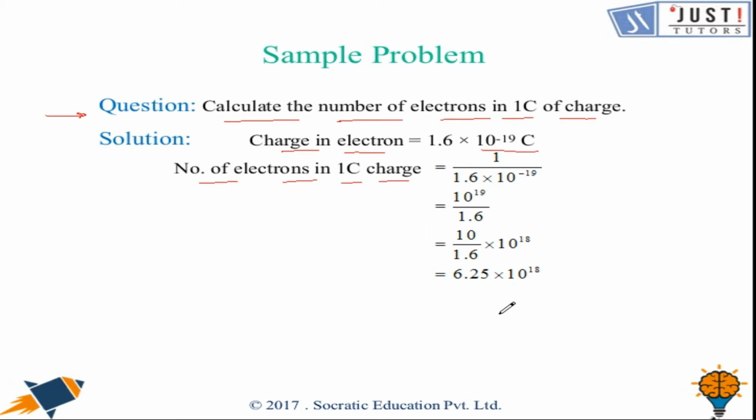After doing all the calculation, we get the number of electrons in one coulomb equal to 6.25 into 10 to the power 18. Thus 6.25 into 10 to the power 18 electrons taken together make 1 coulomb of charge. Conclusion, we can say the SI unit of electric charge is equivalent to the charge contained in 6.25 into 10 to the power 18 electrons.